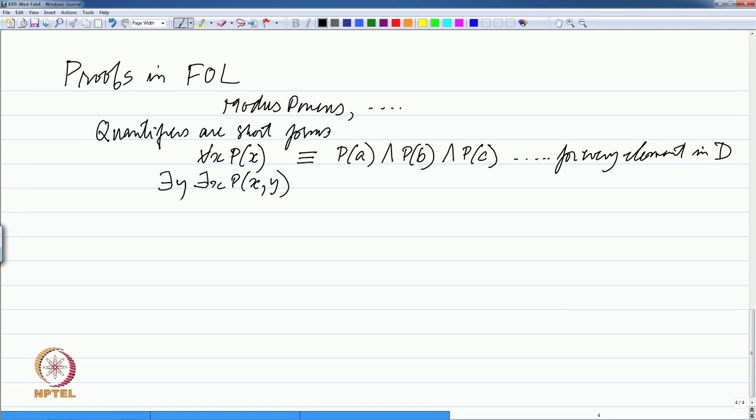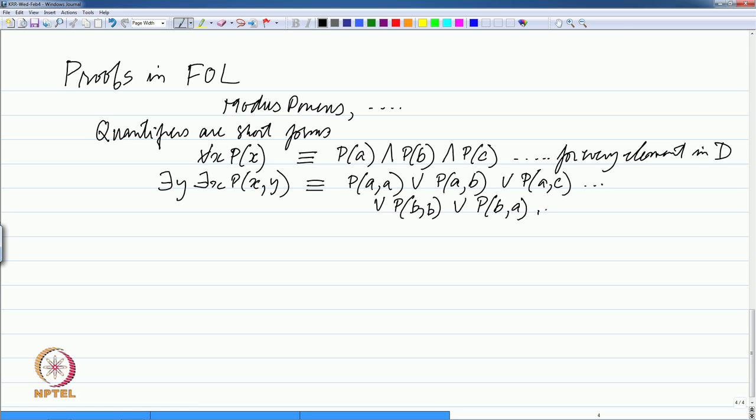So, let us say there exists y, there exists x P(x, y), is equivalent to saying that P(A, A) or P(A, B) or P(A, C) or P(B, B) and so on. It is just a large disjunct essentially.